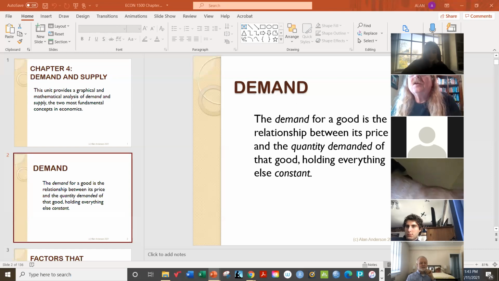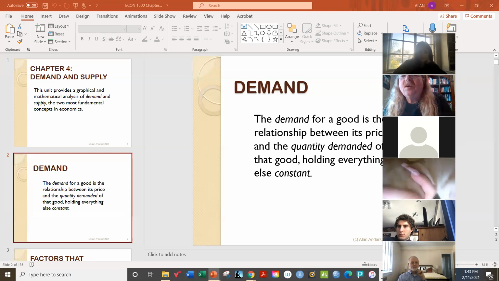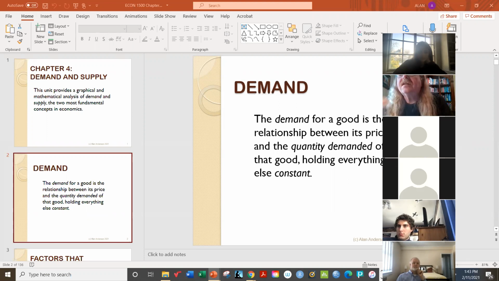All right, well, anyway, so demand is showing us the relationship. And by the way, before we go any further, we're going to make a distinction here. We can define demand for an individual consumer and for the entire market. So here we're thinking about an individual who knows what they want to spend on a product. So we're assuming that you know how much you're willing to pay for every quantity or every unit of a good.